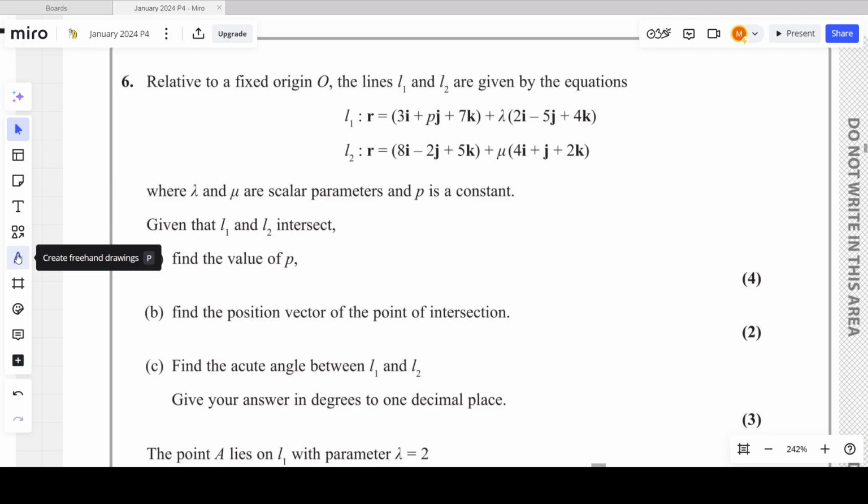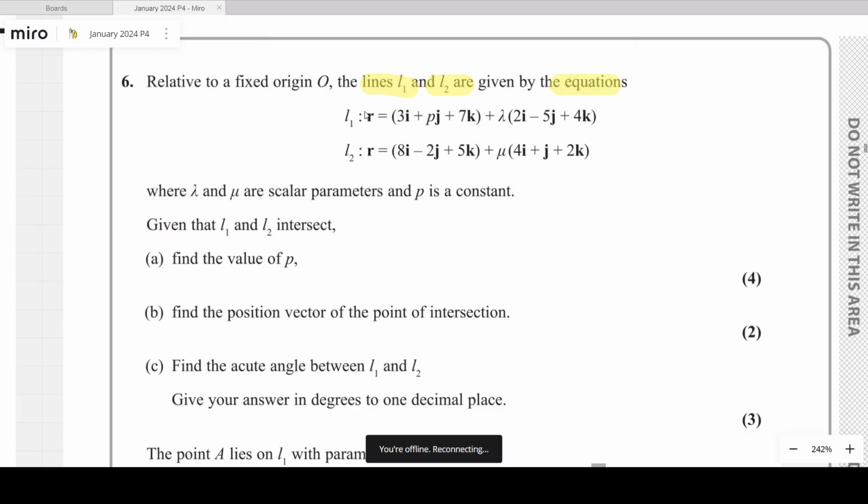Question number 6. Relative to an origin O, the lines L1 and L2 are given by the equations. The equation for line L1 is given, and the equation for line L2 is also given.